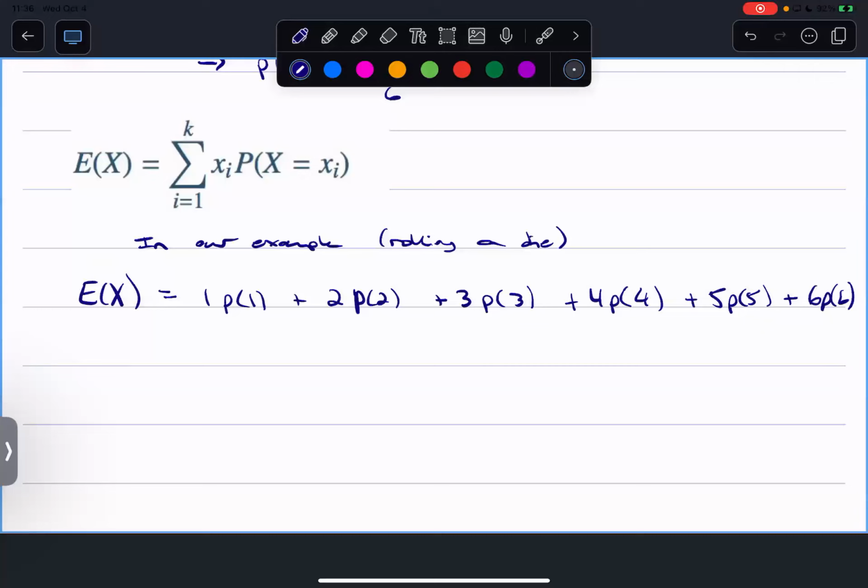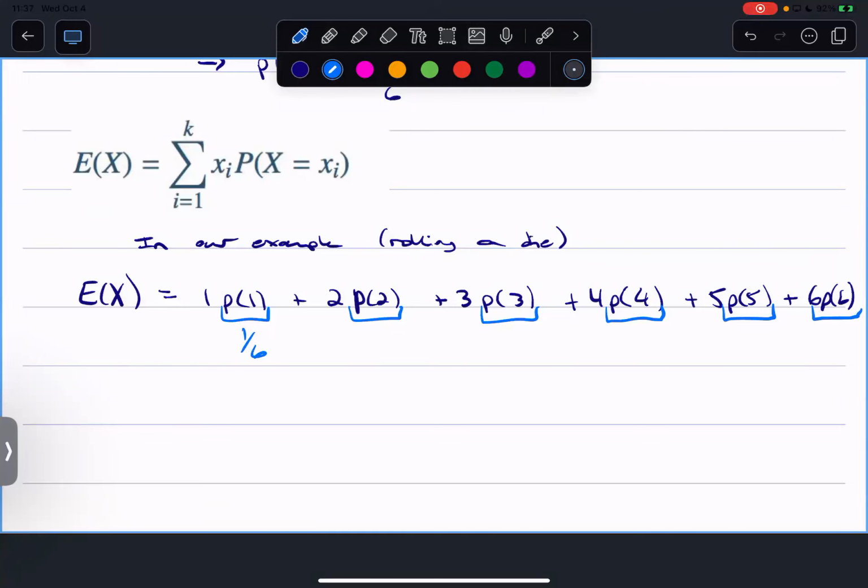We just decided that all these probabilities are the same, they're all 1/6. So I have 1 times 1/6, 2 times 1/6. Notice that I'm going to have a common multiple of 1/6. I'm going to write them all out, a little bit tedious, but just to show you, and then pull out the common multiple.